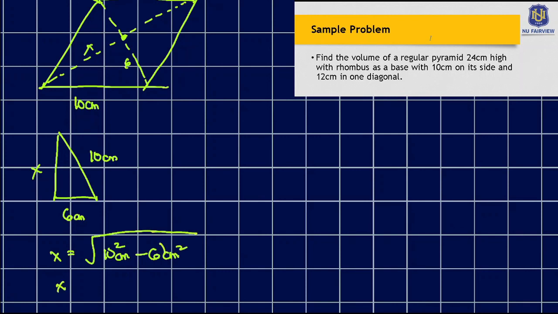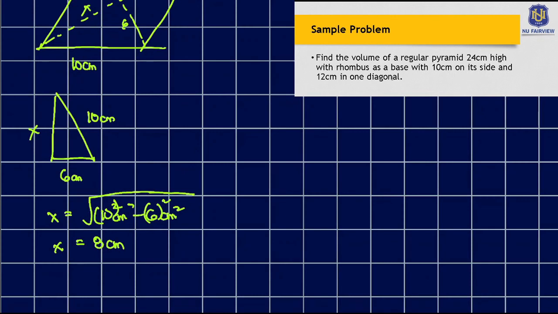So, x is equal to 8 centimeter. So, now that we have yung diagonal, so times 2 lang yan, makukuha natin yung D2. So, D2 equals 16. Okay?